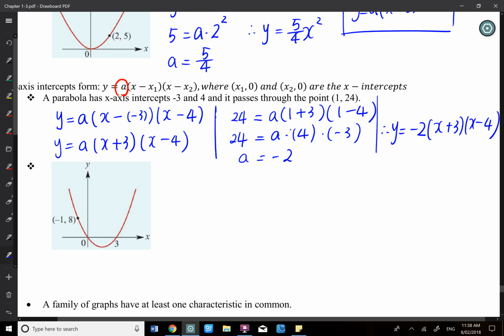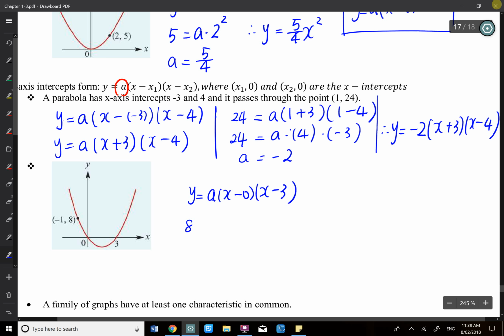So for the other one, you can just have the turning point and any other point. Only need 2 pieces of information. Turning point is worth 2 pieces of information, which is really good. So for this one, we have 0 and 3 as the intercepts. We can write y equals ax(x - 3).